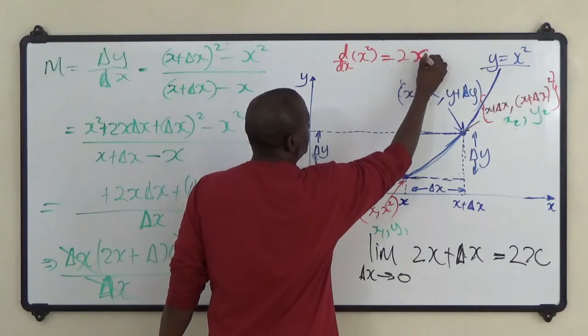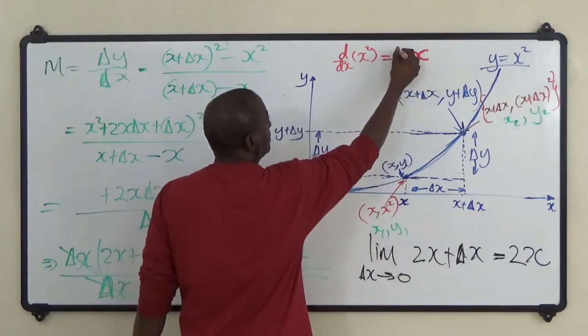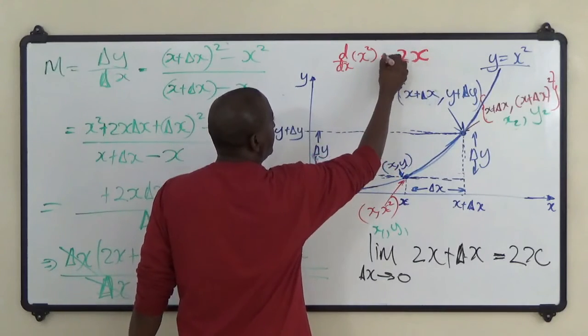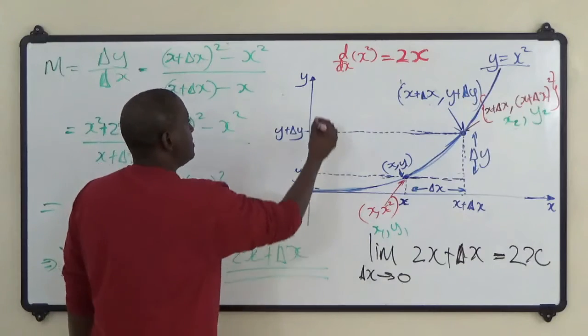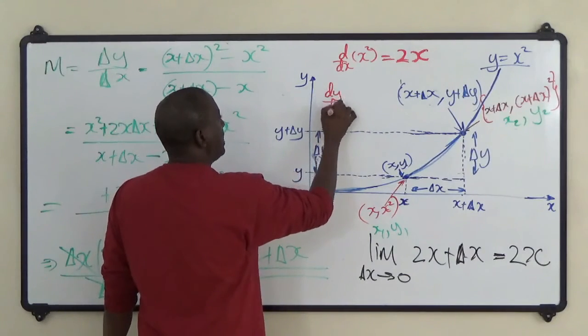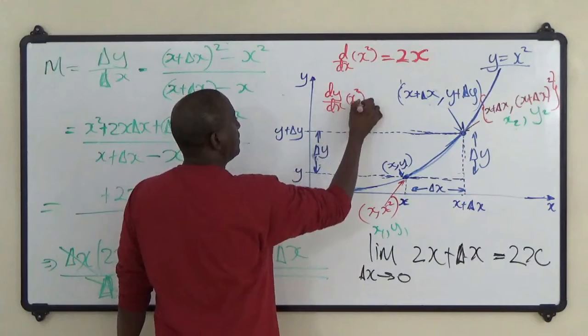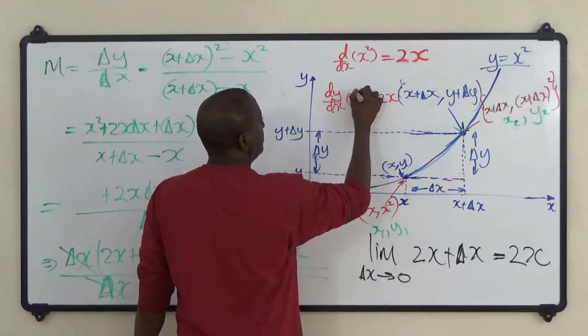So in other words, we have just shown that d dx of x squared is equal to 2x. We could also write it as dy dx of x squared is equal to 2x. We can write it like that too.